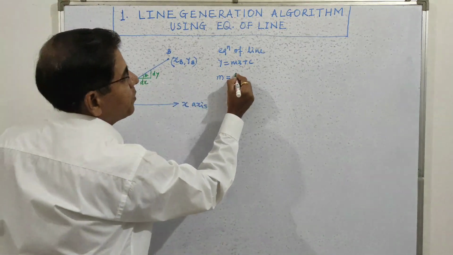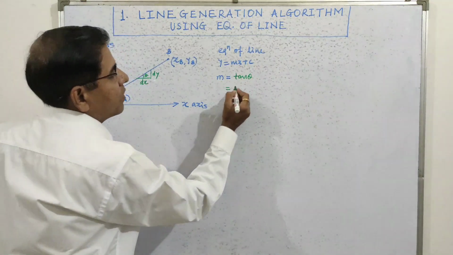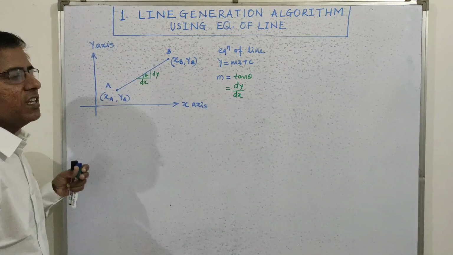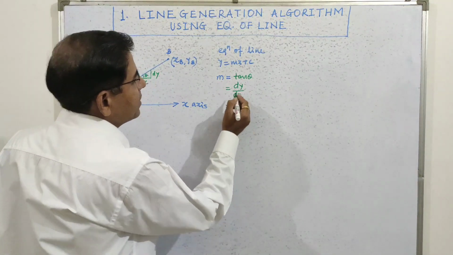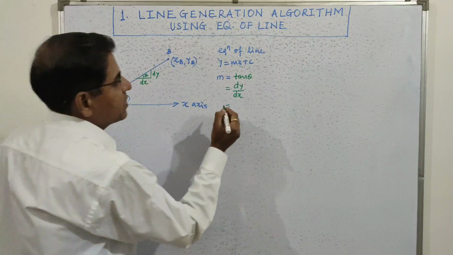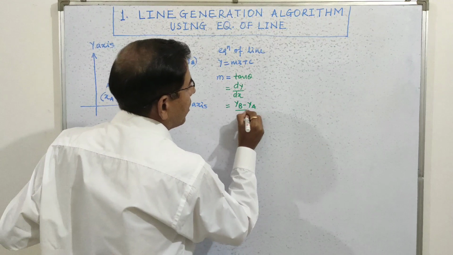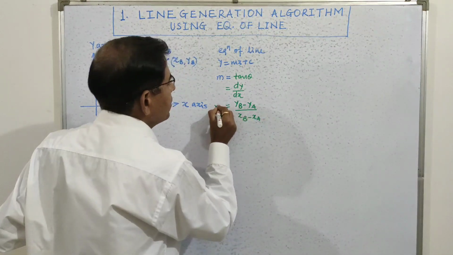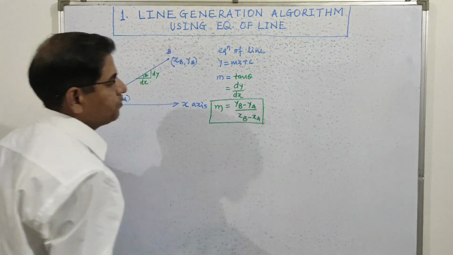So slope is nothing but tan theta or dy by dx. It is also calculated as yb minus ya upon xb minus xa. So this is the formula of slope calculation.